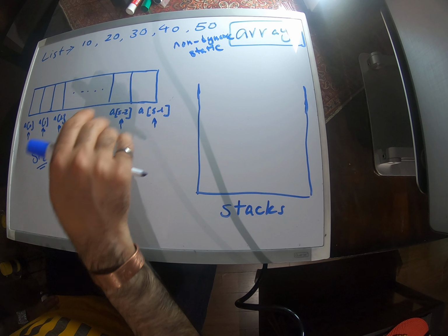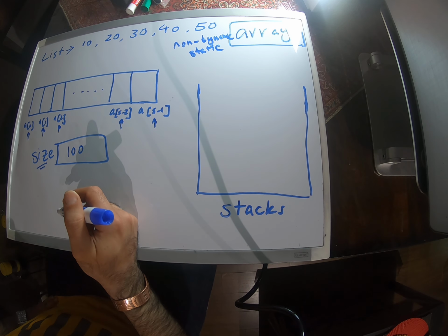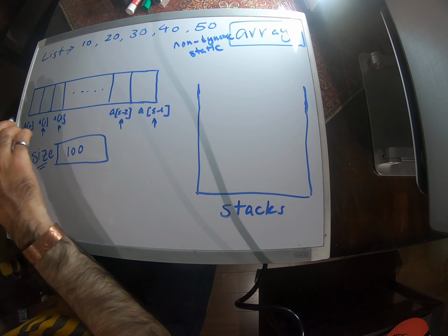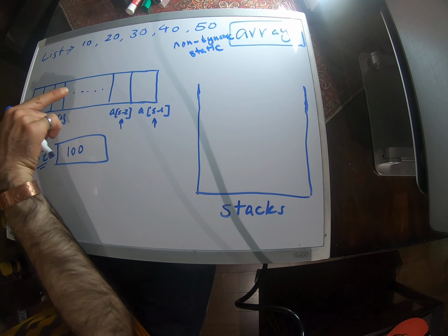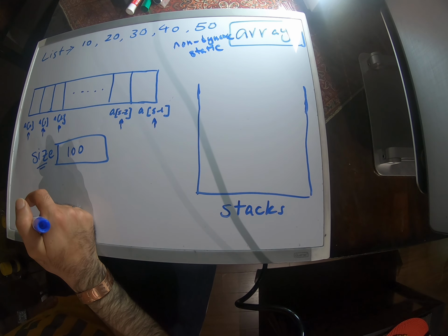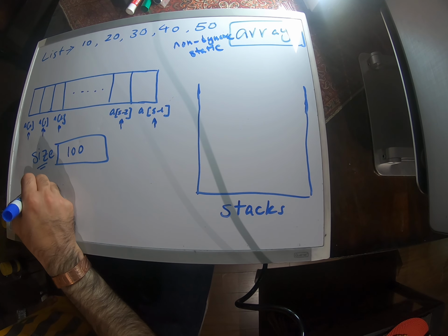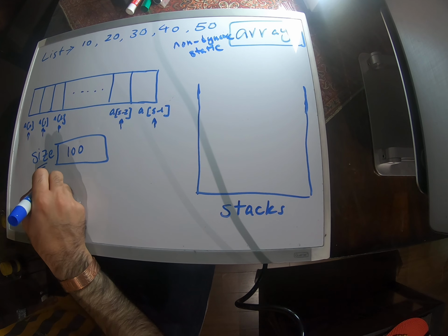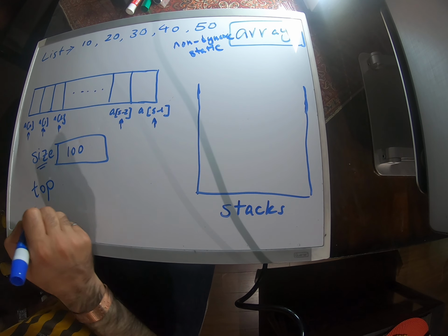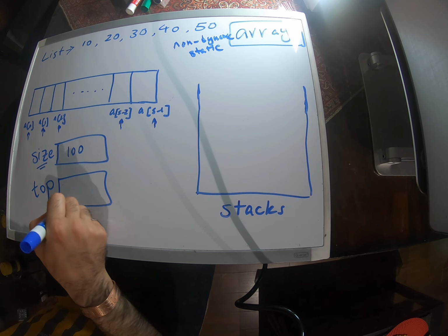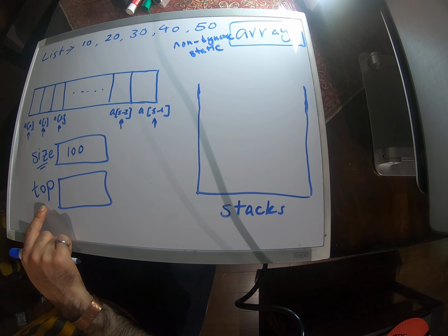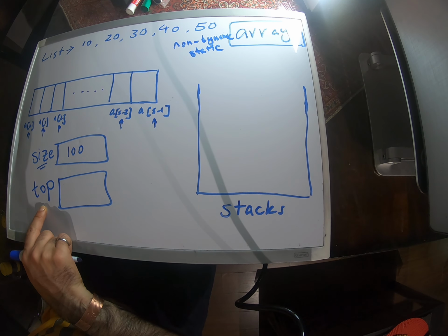If we have an empty array, it means that we haven't pushed anything in the array yet. So we can have a variable, let's call it top, that represents the index at which the top of our array is right now.